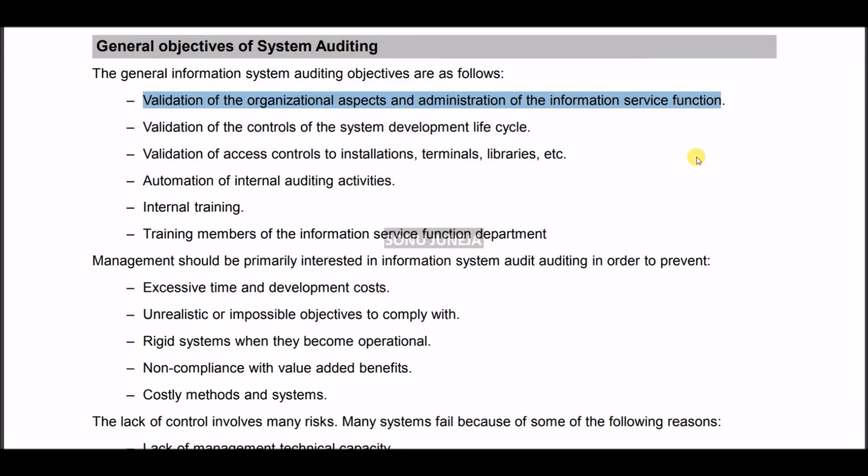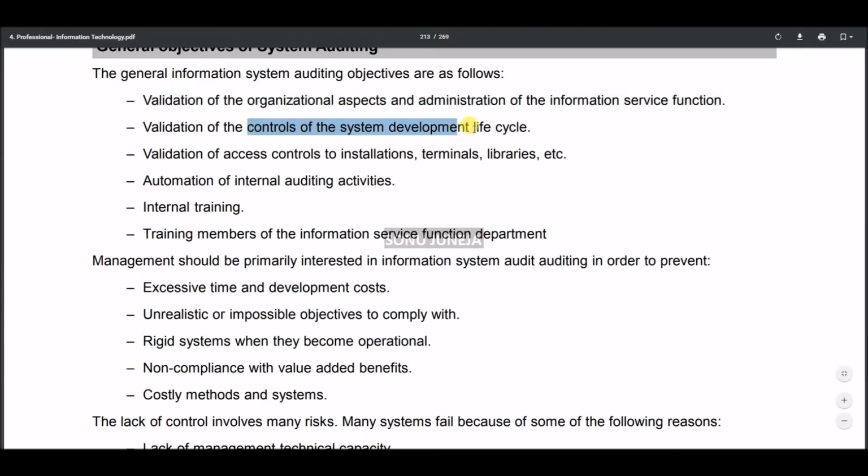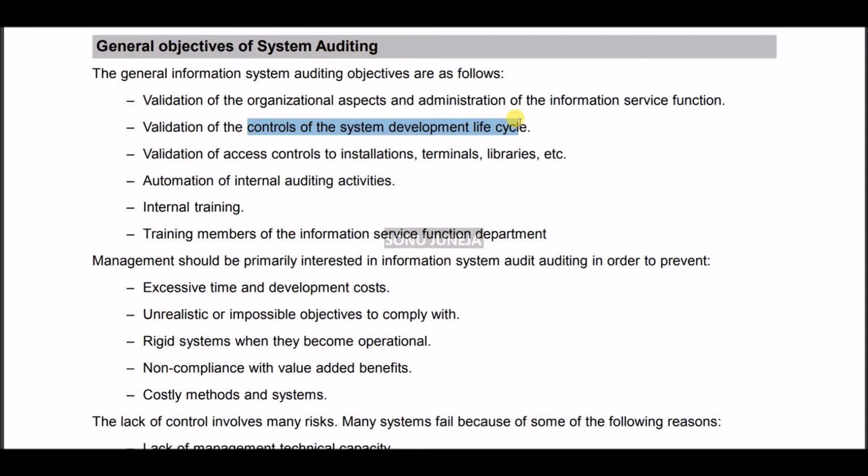Organizational aspects means what is the need of the organization, and the administration of the information system function, its functioning and need, plan and implementation, then control of such during system development. The next thing is you have to validate the access control, installation, terminals, libraries, etc., through which a person is about to access.